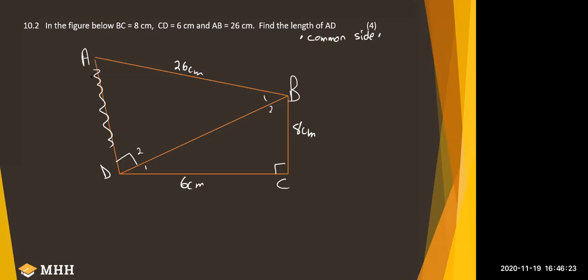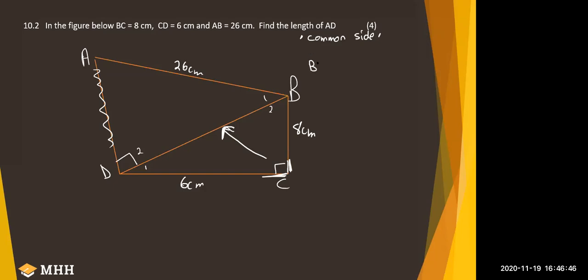If I must work out AD, I only have the 26. So you have to start in this triangle and figure out BD. I work with my two short sides, next to the 90 degrees, and BD is the hypotenuse.